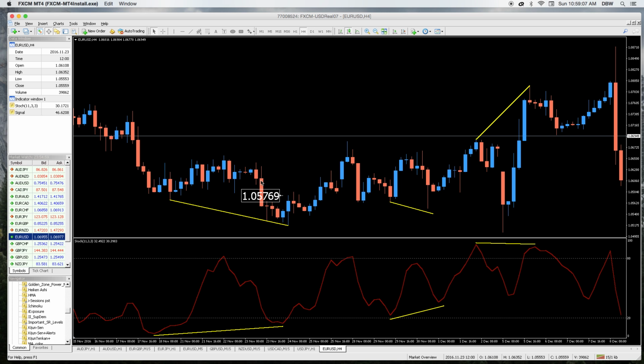This creates, and I'll get into this in the next video more, what's called a liquidity void. Let me get this thing out of the way. This creates a liquidity void, and price doesn't like to be out of balance, so it tries to get back up there.